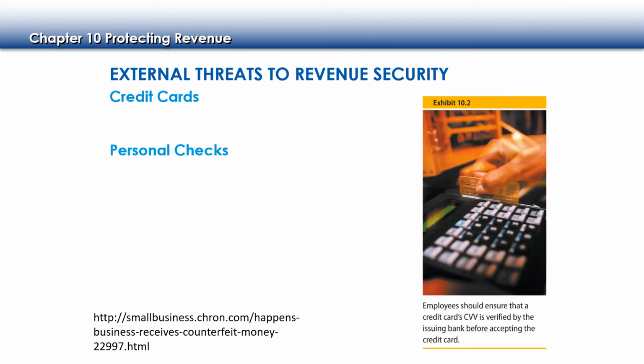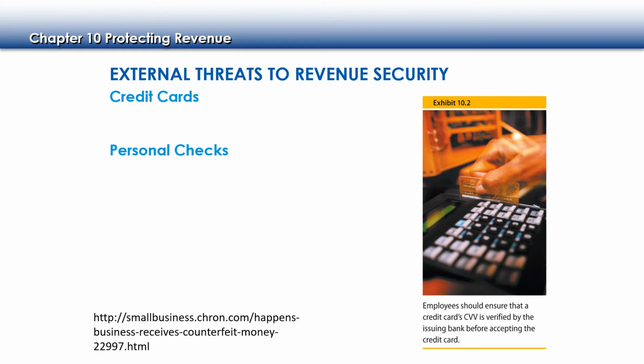With credit cards and personal checks, we want to make sure that all the credit cards that we are accepting are valid and not stolen or compromised numbers. Having an updated system should allow us to catch all of those things.